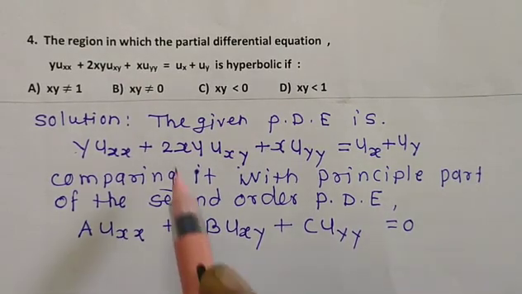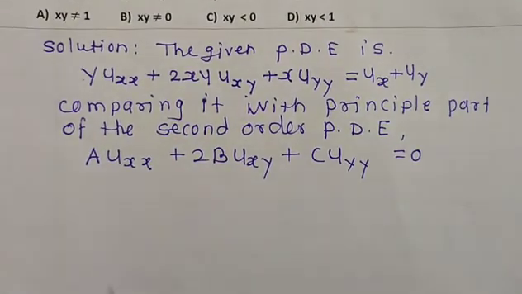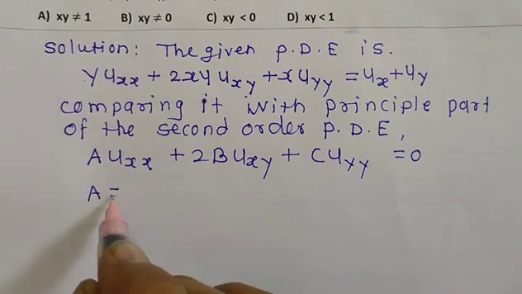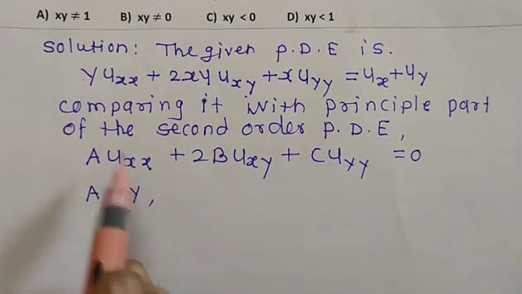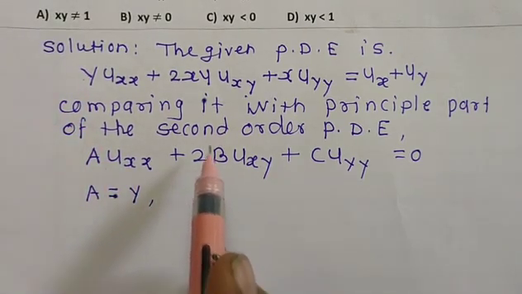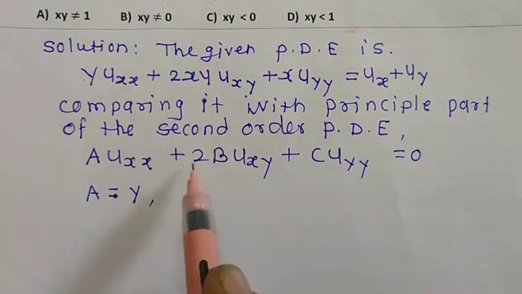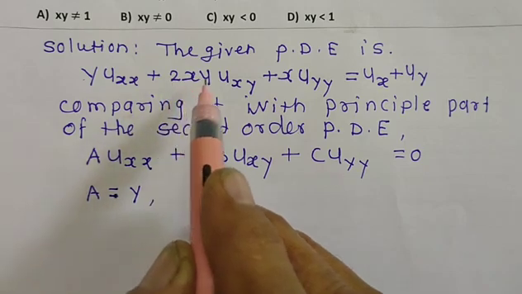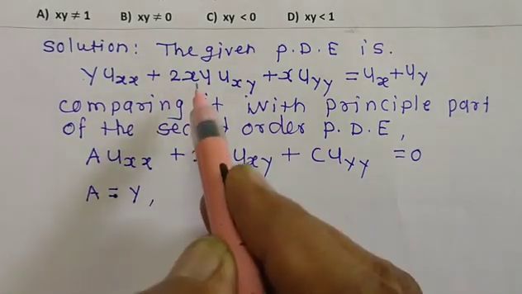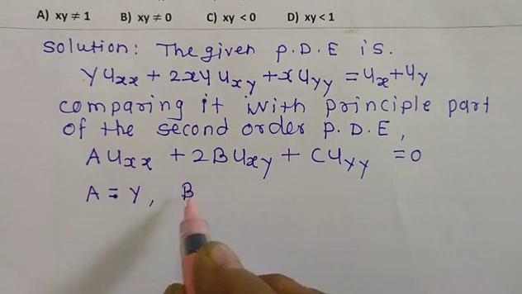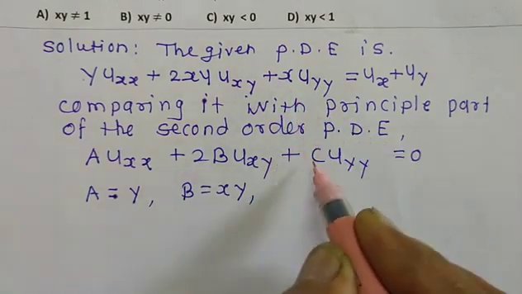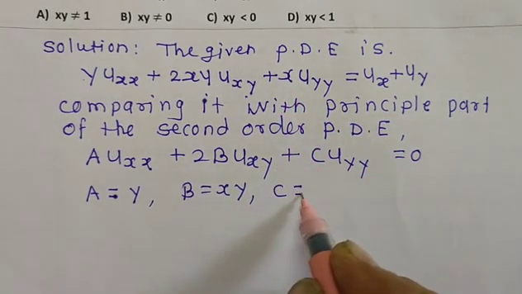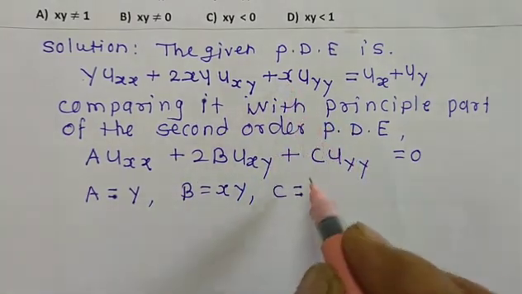Now if you compare this with given equation, you will get A is equal to Y. Okay, this B is equal to XY because 2B is equal to 2XY, that means B is equal to XY only. And this C is equal to what? X.